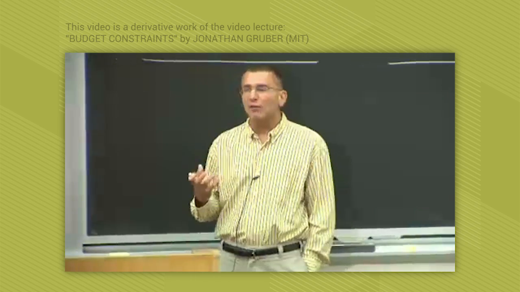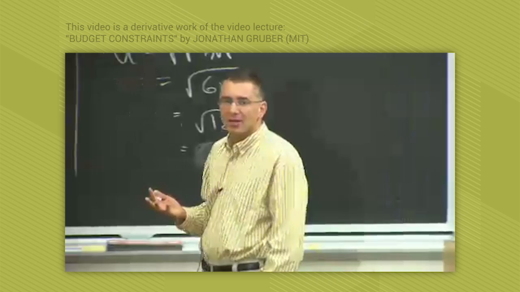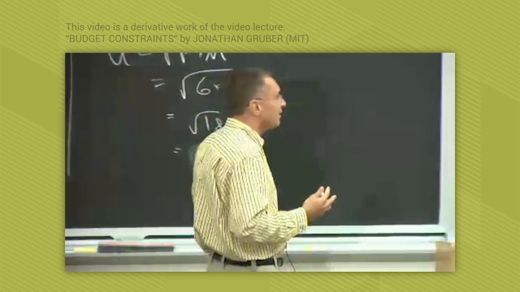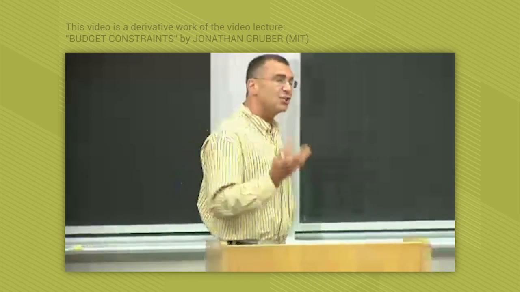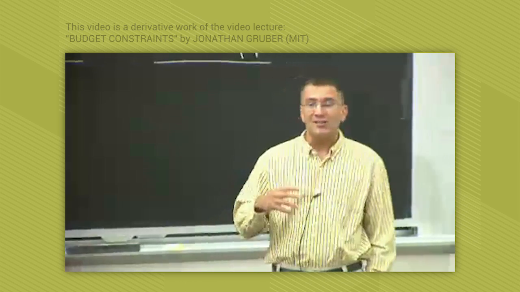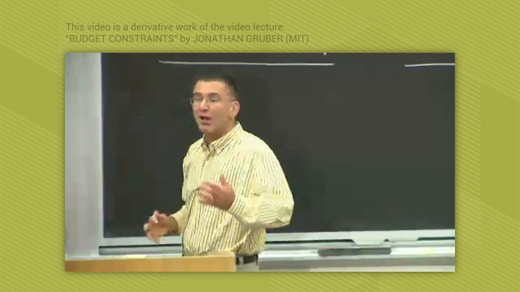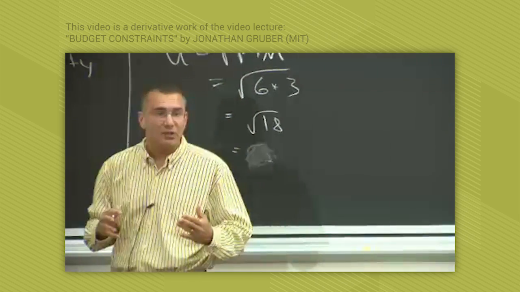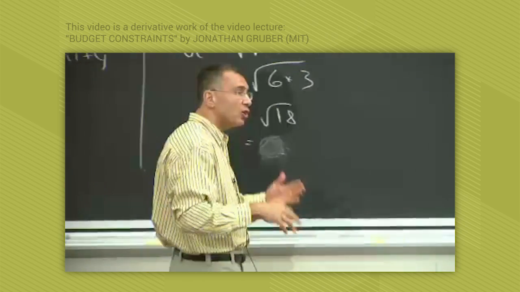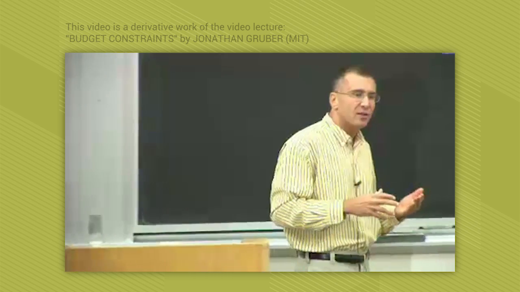Think about the ratio of the marginal utilities as the marginal benefit. Okay? So it's the benefit of another movie in terms of pizza. The marginal rate of substitution is the benefit of another movie in terms of pizza. It's how much you like that next movie relative to how much you like that next pizza. The cost, the marginal rate of transformation, the cost is the price of that next movie relative to the price of that next pizza.